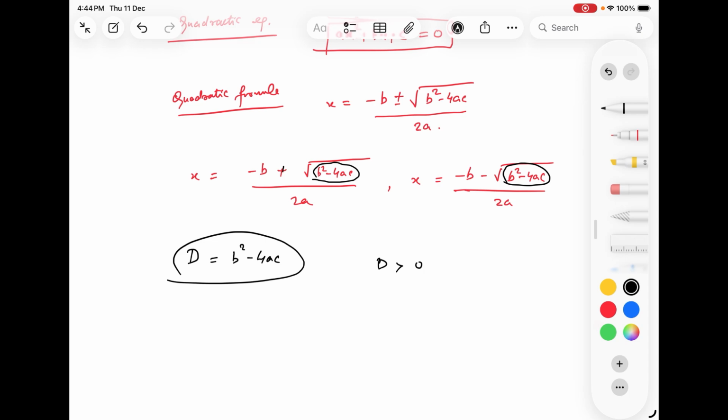Why we have two distinct roots? Because we are adding one time, minus b plus root d upon 2a, and another time we are subtracting. So we have two real and distinct roots. So when d is greater than 0, we have two real and distinct roots.